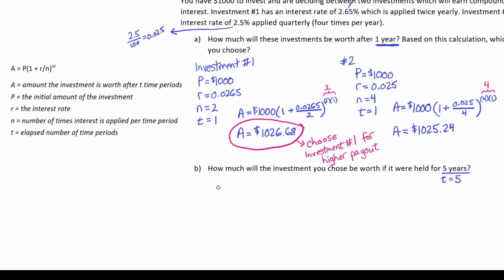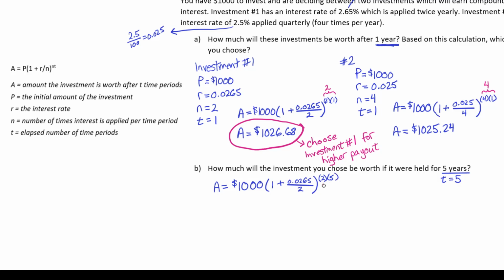Using the same values as part A for P, R, and N, because those have not changed, we calculate this figure to be $1,000 times 1 plus 0.0265 divided by 2. All of that remains the same, but the exponent is going to change because N is still 2, but T is now 5.